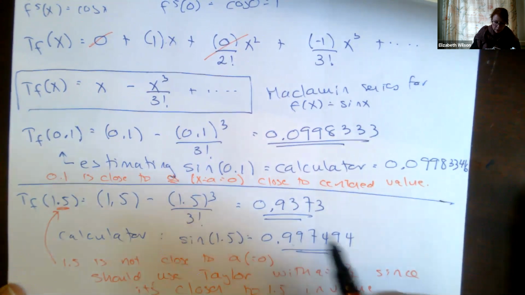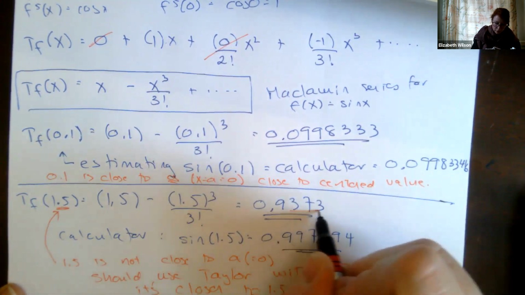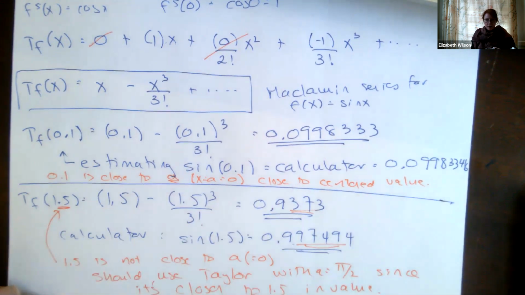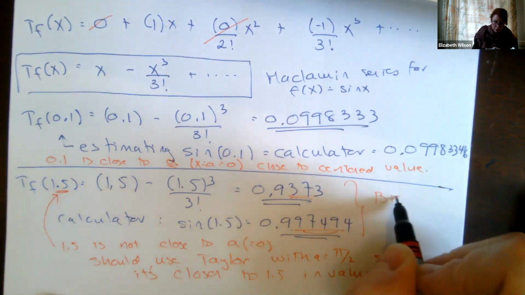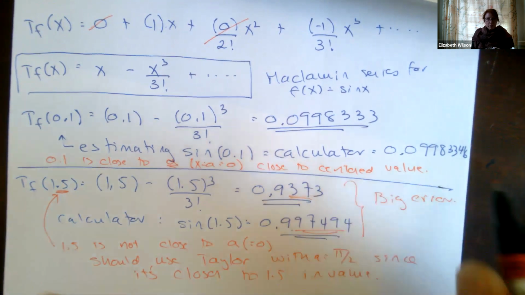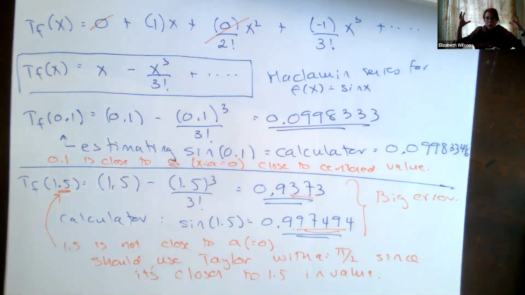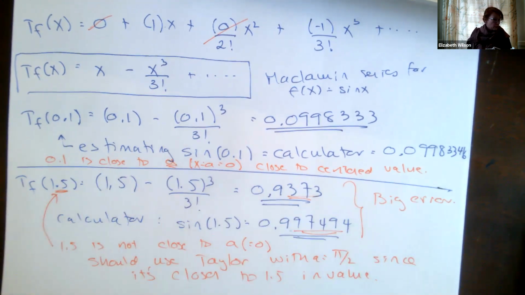So this is an example, because look, that's where our error is. It's a big error. I would consider that a big error. It's not a ginormous error, not an order of magnitude error, but we're in the right ballpark and it's still a pretty good size error. So that's why we want to center it.